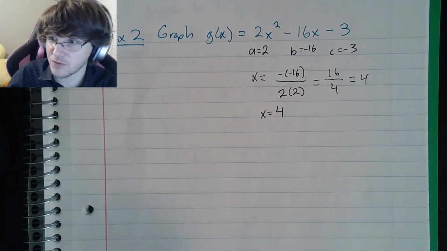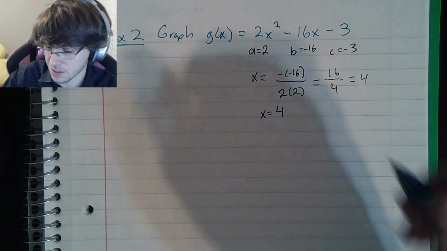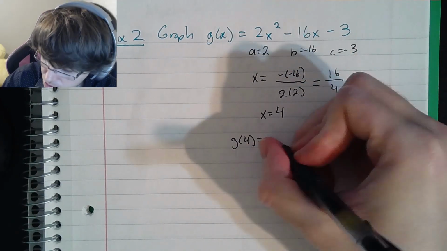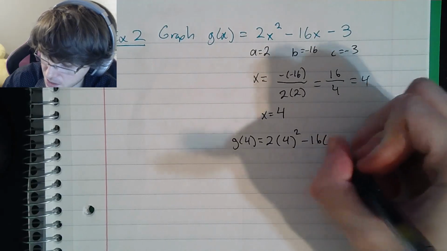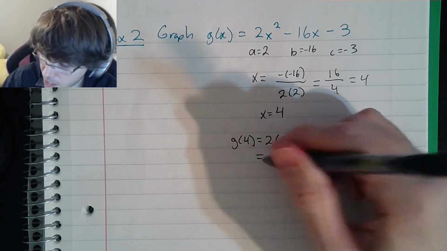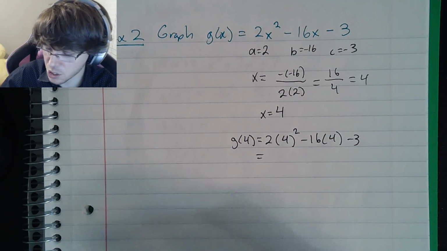Afterwards, we plug 4 back into the equation to figure out where our vertex is. So we're going to do g of 4 equals 2 times 4 squared, minus 16 times 4, minus 3. We've got to remember our PEMDAS rules: parentheses, exponents, multiplication, division, addition, subtraction.